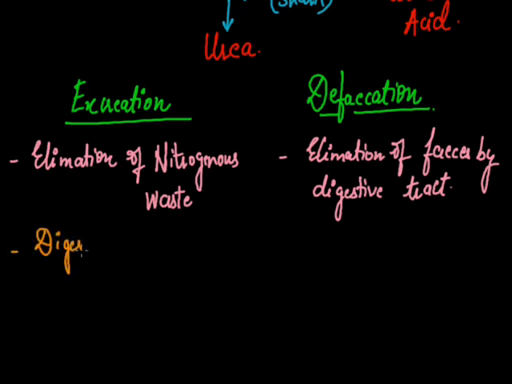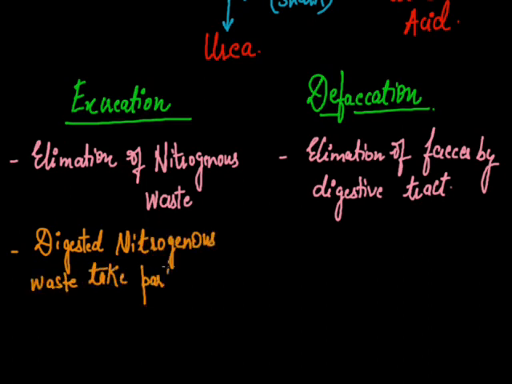The next point is in excretion, the digested nitrogenous waste takes part in metabolism. That means in excretion, the nitrogenous waste which is eliminated has participated in metabolism, likewise the protein and nucleic acid, which further degrade in metabolism and form amino acid and nitrogenous base respectively, are excreted from the body.